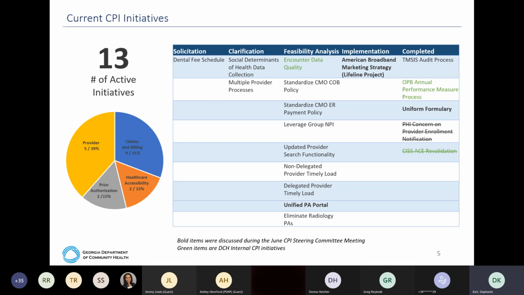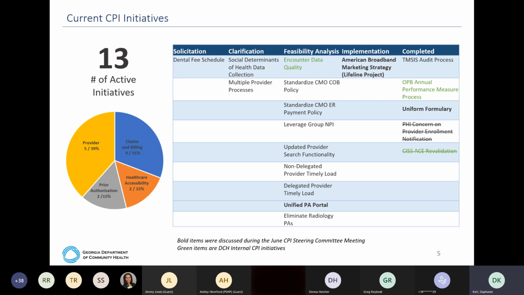audit process. And basically what this means is that we look to create an internal process at DCH to ensure that as items came out of our TMSIS audit process, which is work that we have to do with the feds, we have to submit claims and encounter information for our fee-for-service and CMO populations.